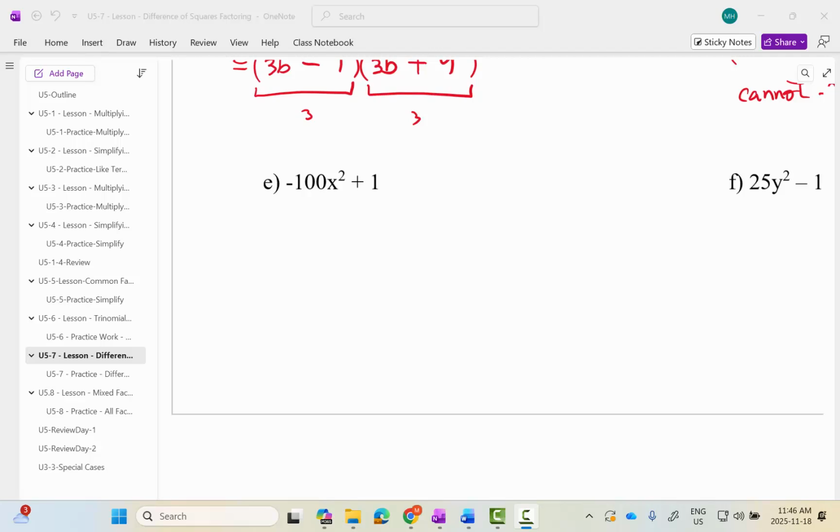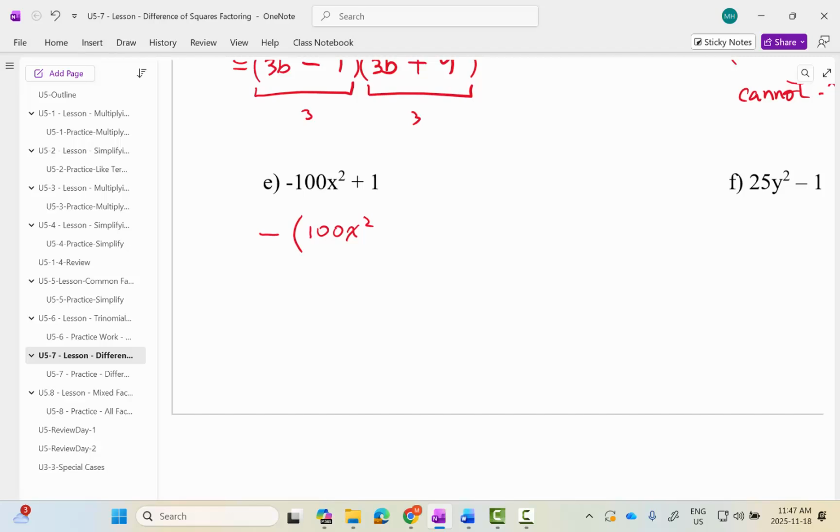Okay. I generally, though, like the middle term to be negative, right? I like it to be positive and negative. So what I'm going to do here is factor out a negative. That will turn everything to the opposite of what I see there. So instead of a negative 100x squared, it's going to look like 100x squared.